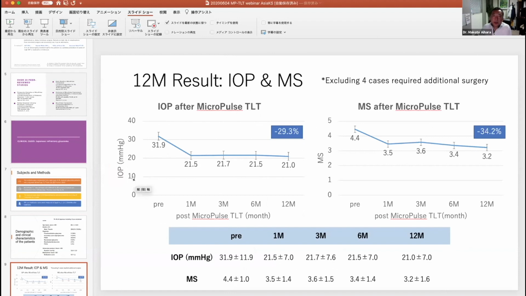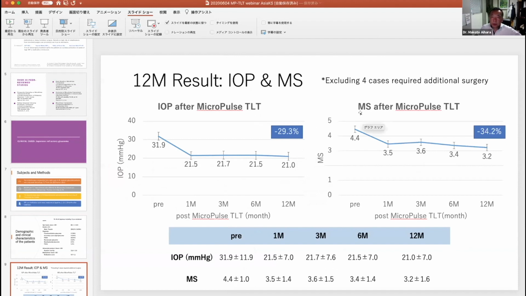So this is the result. The left side indicates the changes of IOP. The IOP went down to 21.5 mmHg at 1 month, and 21.0 mmHg at 12 months. The reduction rate is 29.3%.